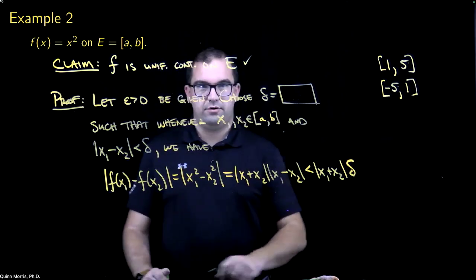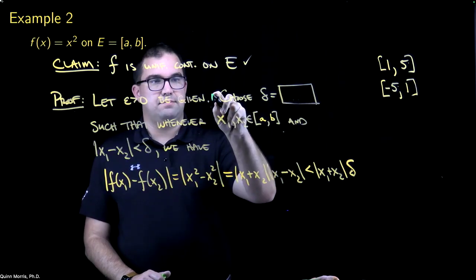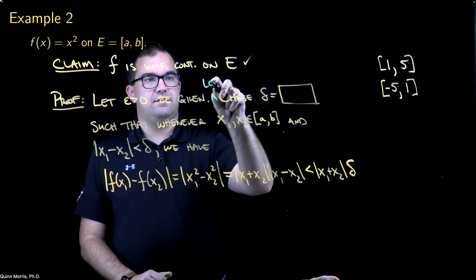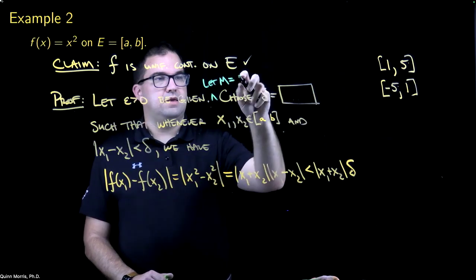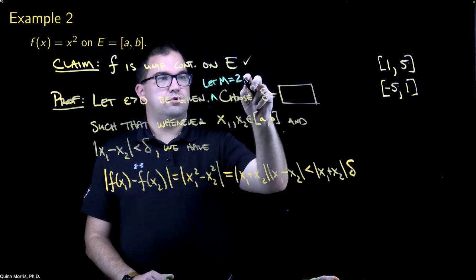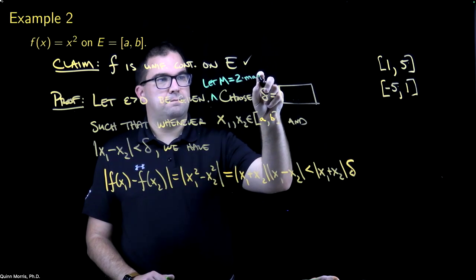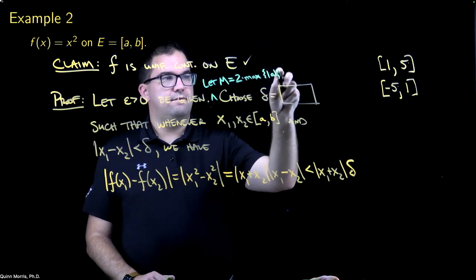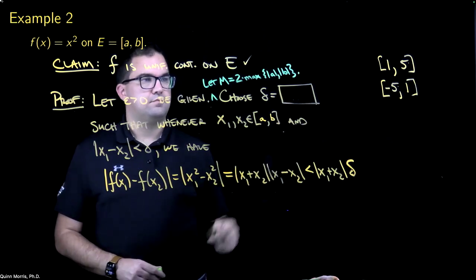I'm going to come in here and do this before I choose delta, and you'll see why in a second. I'm going to add a little piece here that says let capital M be equal to 2 times the maximum of the absolute value of a and the absolute value of b.